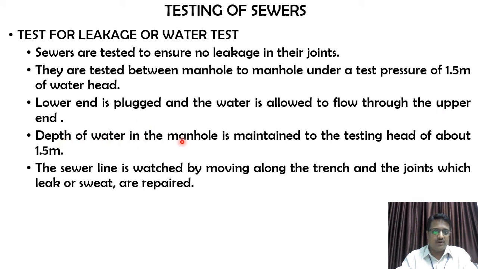The depth of water in the manhole is maintained to the testing head of about 1.5 meters. The sewer line is watched by moving along the trench, and the joints with leaks and sweats are repaired. So basically, if one end is plugged and water is put in through the other end, they make sure that there are no leakages in terms of joints or even with the sewer materials.